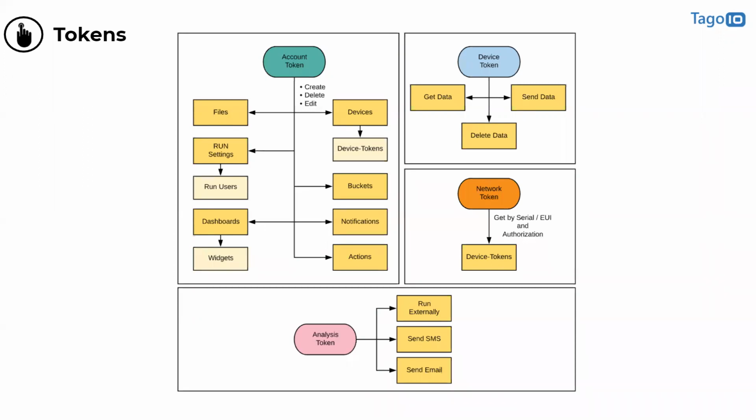You can create and delete buckets, notifications, dashboards, widgets, and actions. So it's the most powerful token in your account. For example, you can create a device or even get the device tokens from a device. So you will be using this token a lot inside your analysis if you want to automate things.